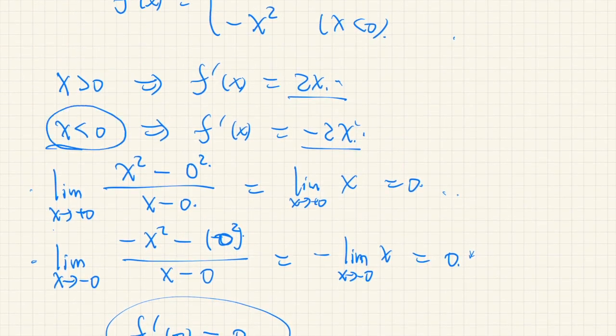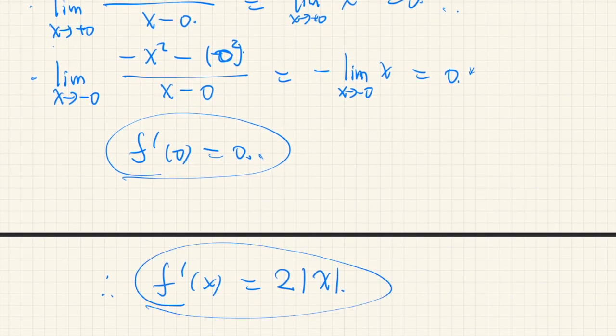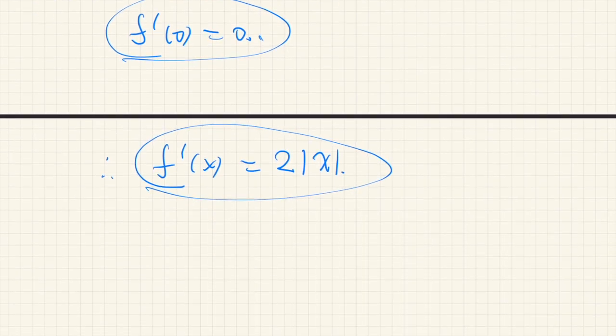When x is negative, we have negative 2x, so the derivative itself is positive. So we can summarize like this. However, this function is not differentiable anymore. It's not differentiable at x equal to 0. Therefore, this is only one-time differentiable.